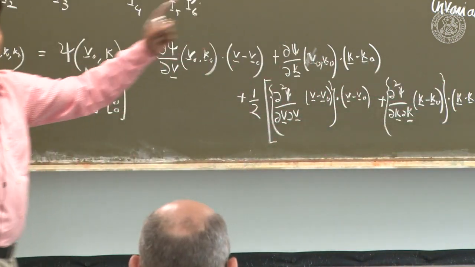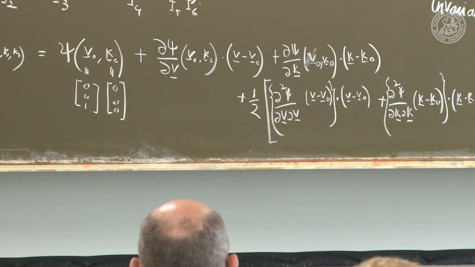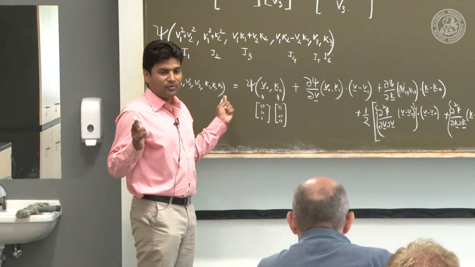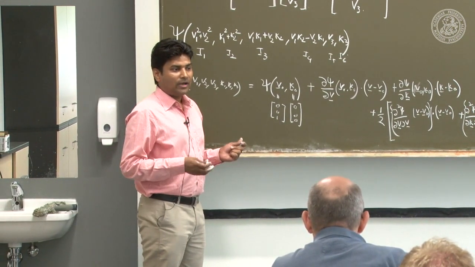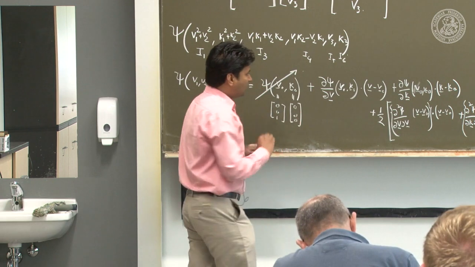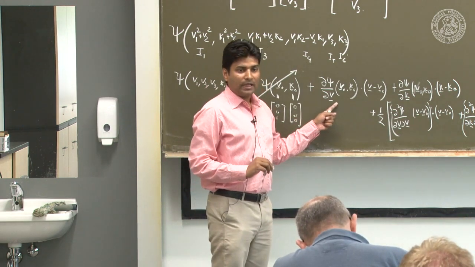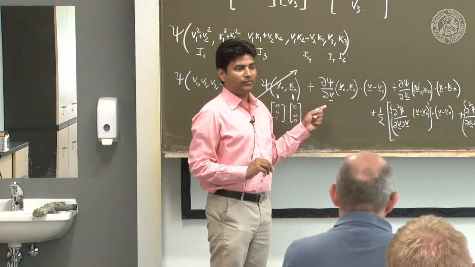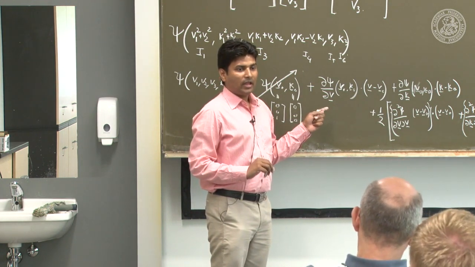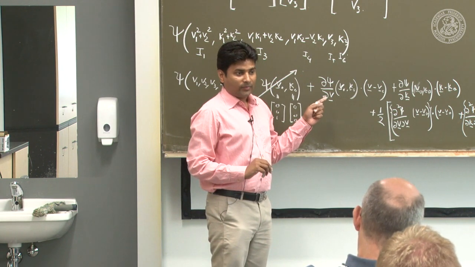How to get those unknowns now? No, this is the constant term. You can forget about it because in energy constant terms do not matter. So you just forget about it. This is the first derivative, del psi over del V. What is del psi over del V? Do you remember? That's the force, right? In the director frame.